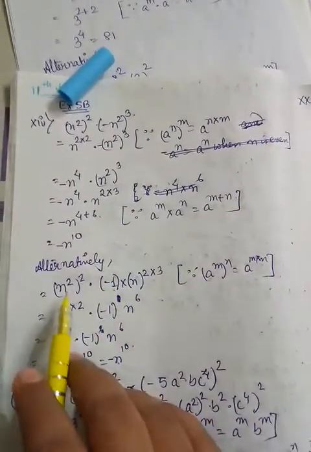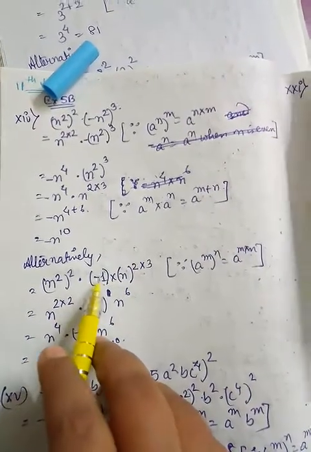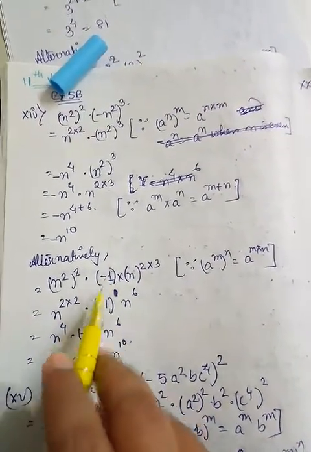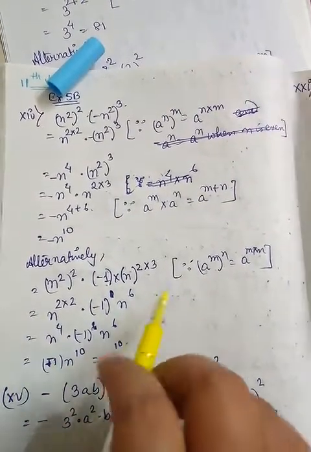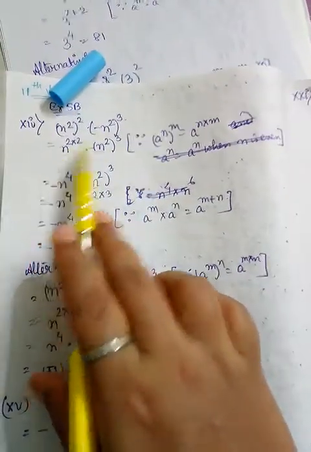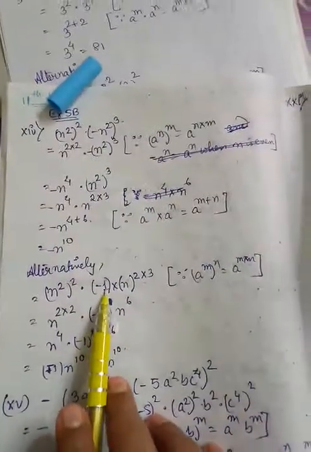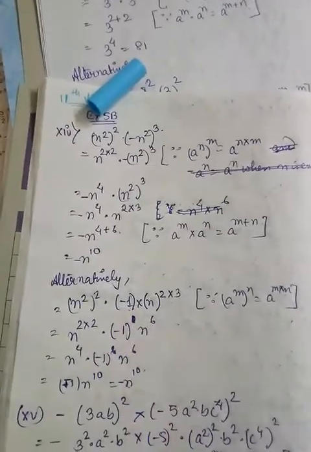Another way of solving this is, instead of putting minus outside, I have considered minus 1 and then solved. The calculations remain the same, the general laws also remain the same. Only in this case I have multiplied it with minus 1. Clear, children?